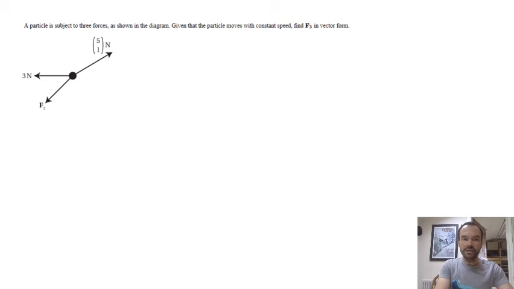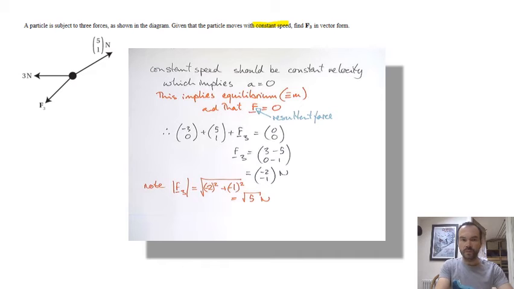And now here's one in 2 dimensions, going to use the vector notation again. Constant speed, I object to that, and I can talk about that shortly. Constant speed should, in this case, strictly be written as constant velocity.